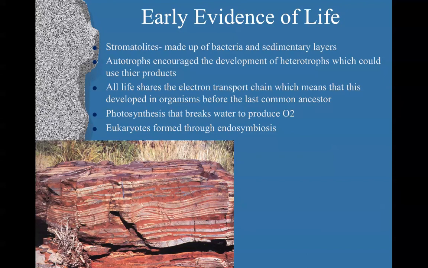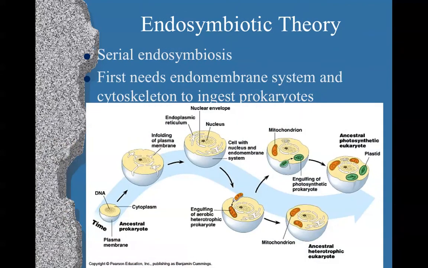And I think in the next slide what we're going to look at is how eukaryotes formed through the endosymbiosis of both mitochondria and chloroplasts. So the endosymbiotic theory says that mitochondria and chloroplasts inside of eukaryotic cells actually used to be solitary prokaryotes that somehow made their way into eukaryotic cells.